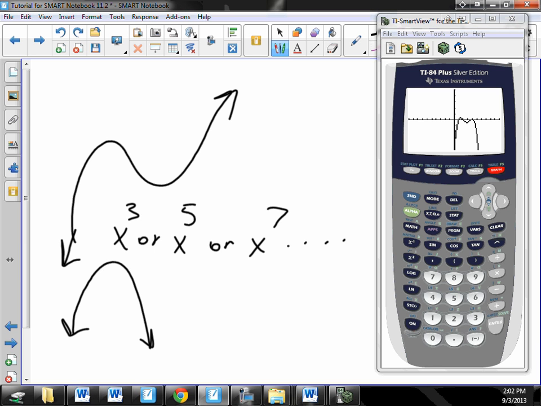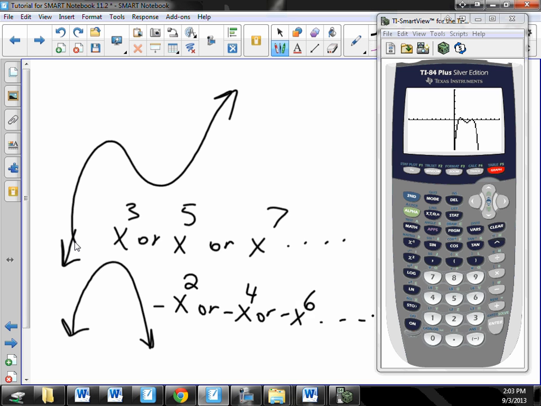It would be negative x squared, or negative x to the fourth, or negative x to the sixth, and so on. So on the end behavior, even numbers are either up and up or down and down. Odd numbers are up and down. It could be either way.